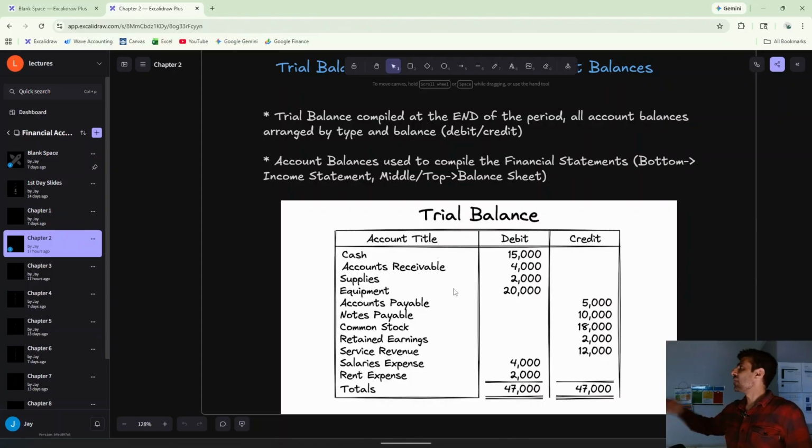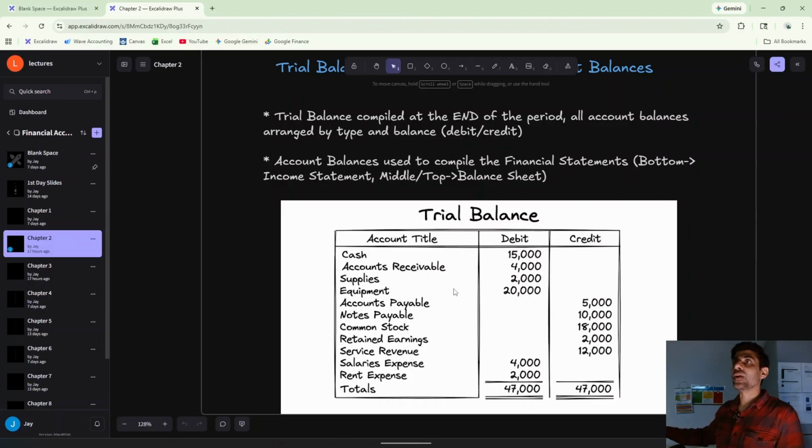So I think this is a big source of misunderstanding between the financial statements, which are reports, and the accounting system, which is based on our system of debits and credits. But they're related in that the balances that you get from your accounting system, that's what you're going to use to make your financial statements.